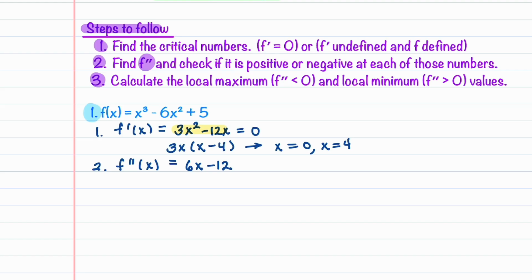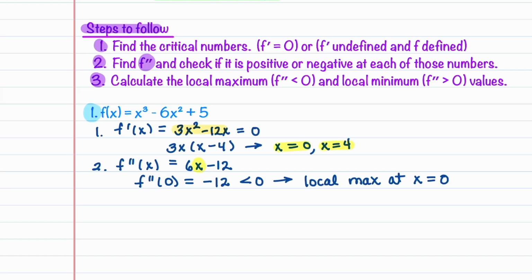Instead, we take our critical numbers and we substitute them in for x. So f double prime at 0 is minus 12, and that is less than 0. So that tells us that we are going to have a local max at x is equal to 0.